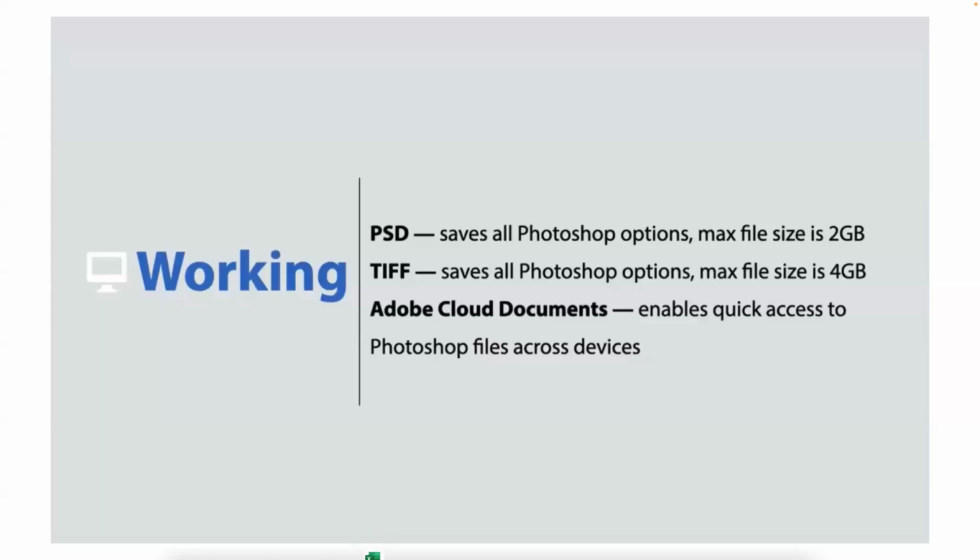So if you are working on a huge file and it won't save, switch it over to a TIFF, it might work. And then you've got Adobe Cloud documents, which I kind of just showed you right now, when I was exporting, or save as, I can't remember. It was asking me if I wanted to save it to Adobe Cloud.